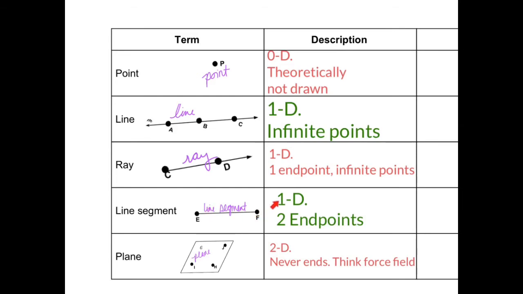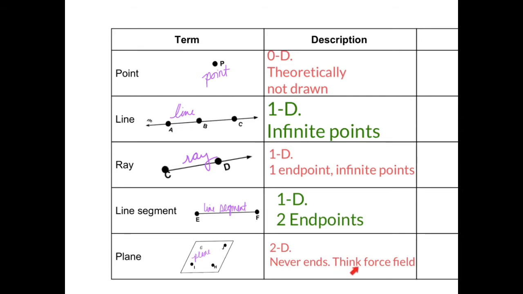Line segment, also one-dimensional, has two endpoints. There's a start and a stop. So those are the endpoints and that is it. There are points in between here, but it's not an infinite number of points because there's a starting and a stopping point. And then the plane might be something that's a little weird or new for you. This is two-dimensional. It never ends.